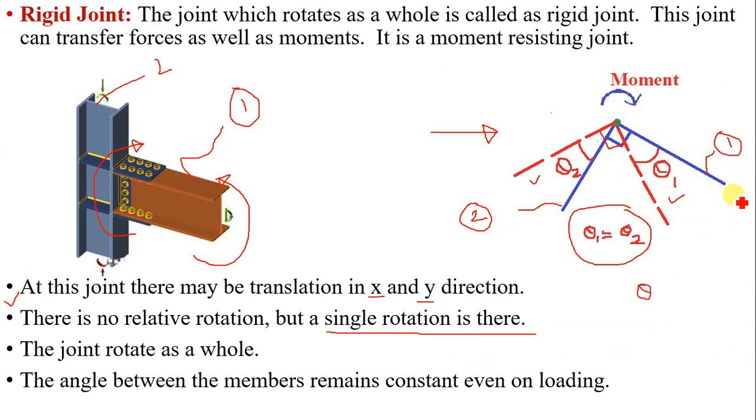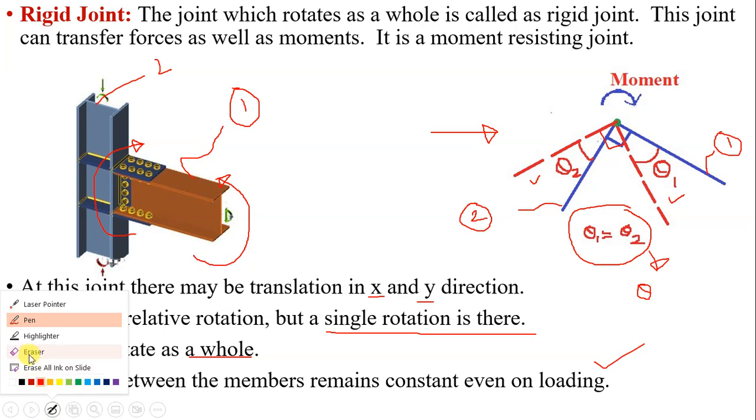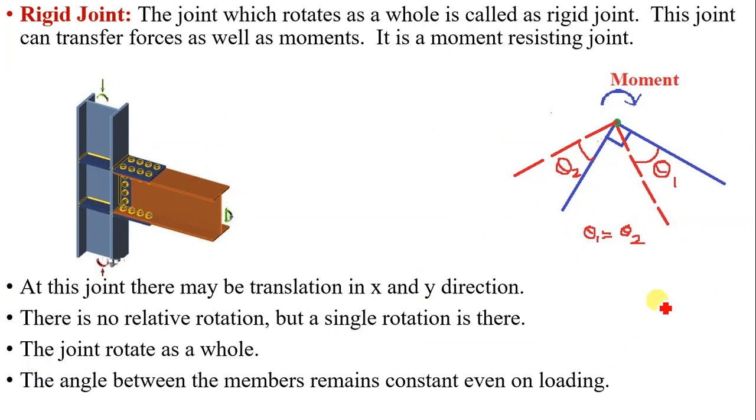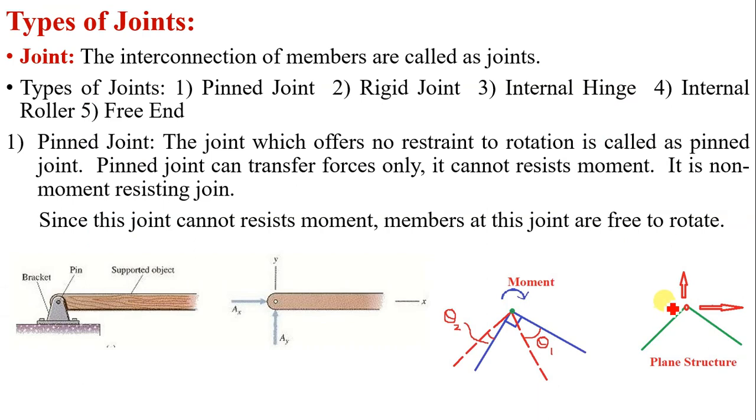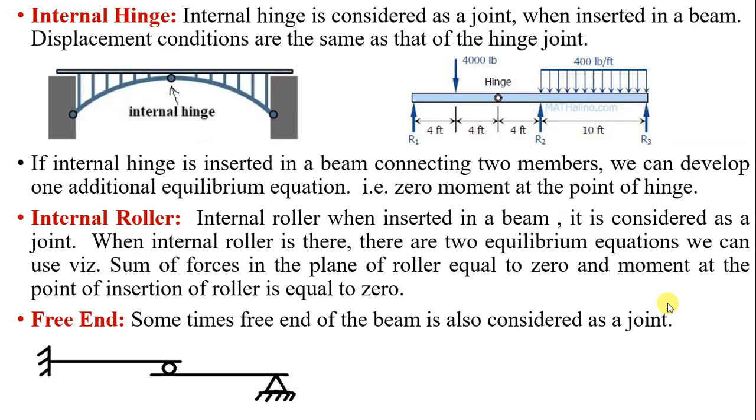But here there is no relative rotation, only one rotation, that is theta. Theta 1 is equal to theta 2 is equal to theta. The joint rotates as a whole and the angle between the members remains constant even after application of the moment. So in this way we can differentiate between the rigid joint and the pin joint.